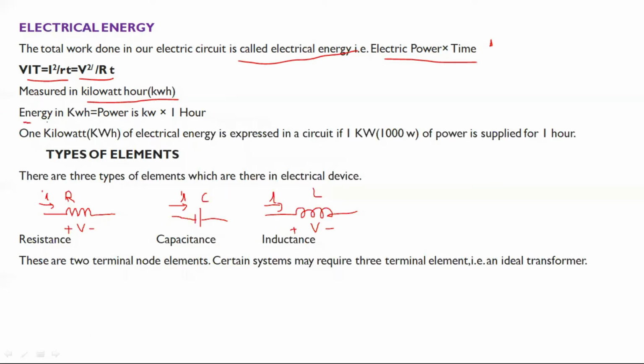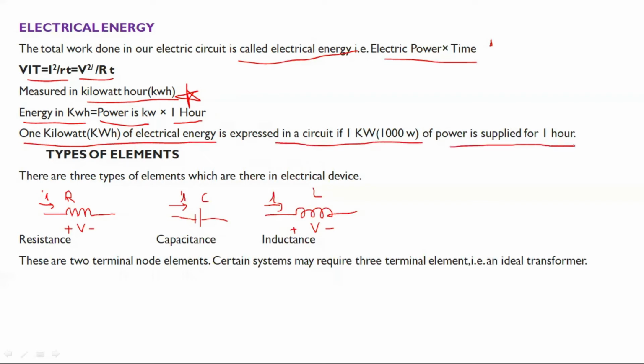Electrical energy, usually watt is the smallest unit. So we will express electrical energy in kilowatts, and energy will be kilowatt hours. That means 1 kilowatt consumed in 1 hour is said to be energy in kilowatt hour.